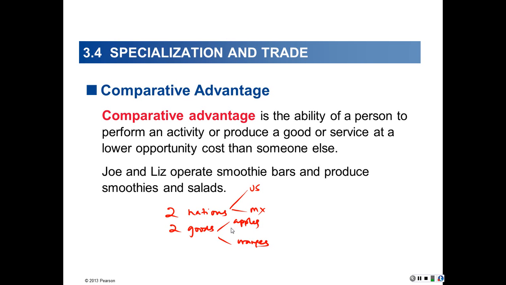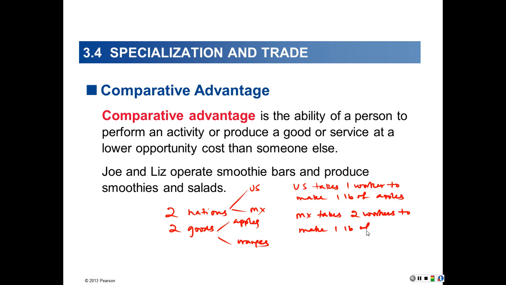So let's say that the US takes one worker to make 1 pound of apples, and let's say that Mexico takes 2 workers to make 1 pound of apples.